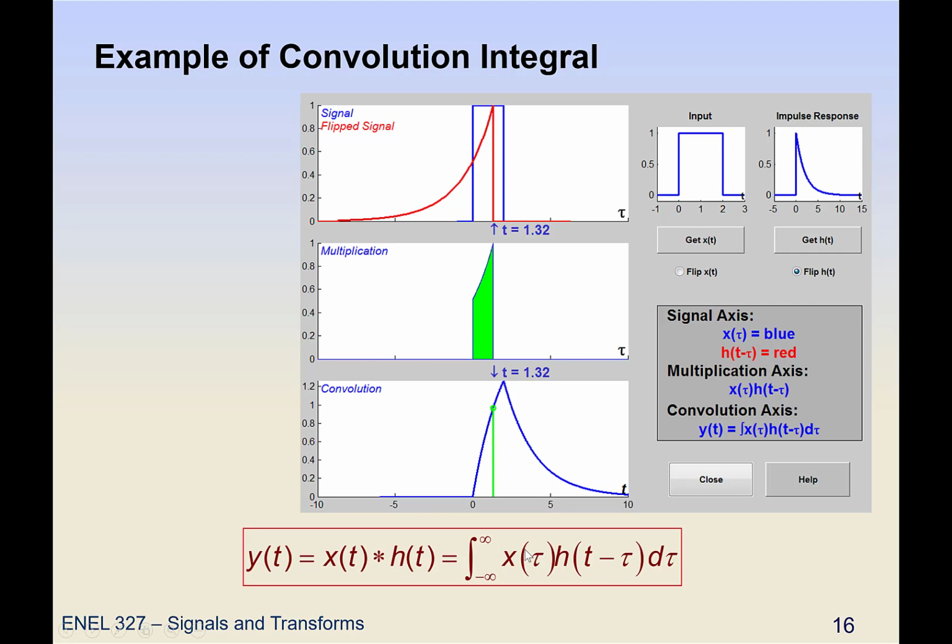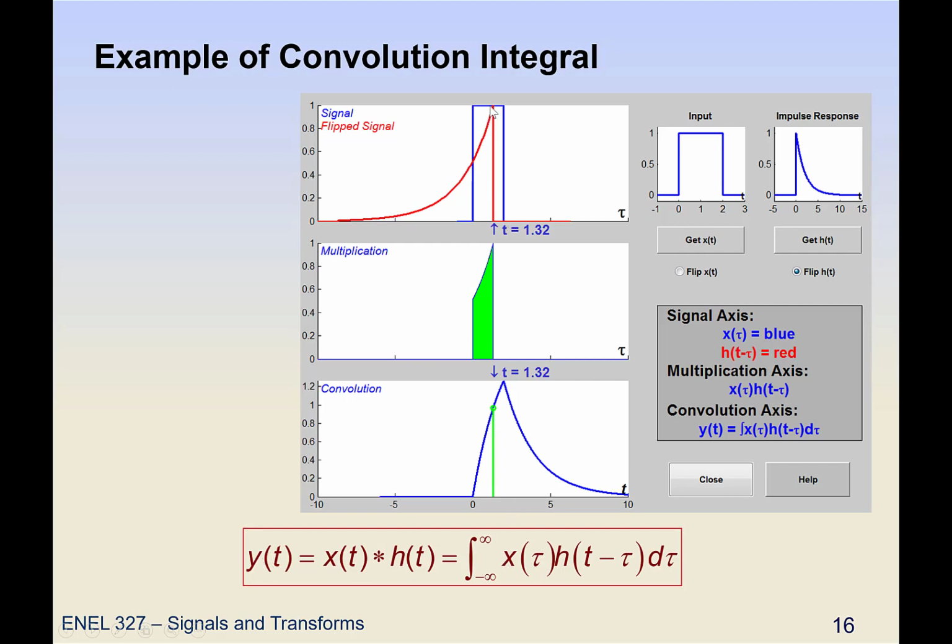And note that x is not changed from its functional form, but h actually is. It's actually flipped, so it's time reversed and shifted. So in this example, if this was x and this was h, you notice that we've done a time reversal, so we've flipped h compared to here, and then it's going to be moving. So for each value of t, we're going to be calculating a value for y of t.